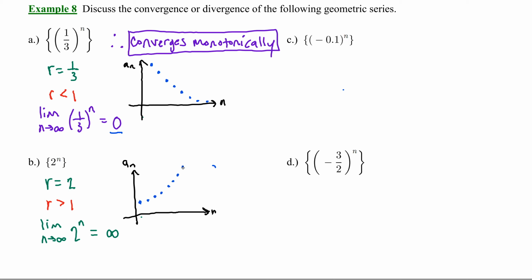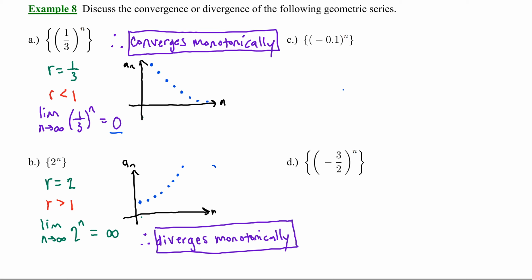It is unbounded because the limit goes to infinity. So we could say, therefore, this sequence diverges. It diverges because the limit does not exist. And we could say it diverges monotonically. That is, it is non-decreasing, and in this case specifically, it is increasing.